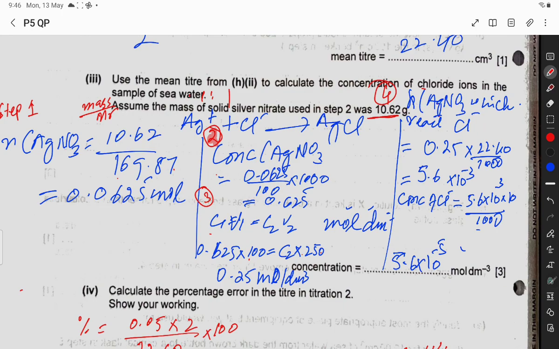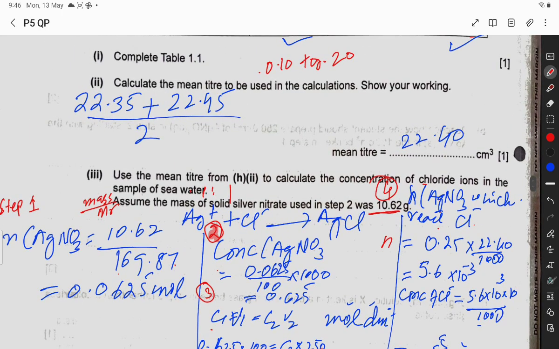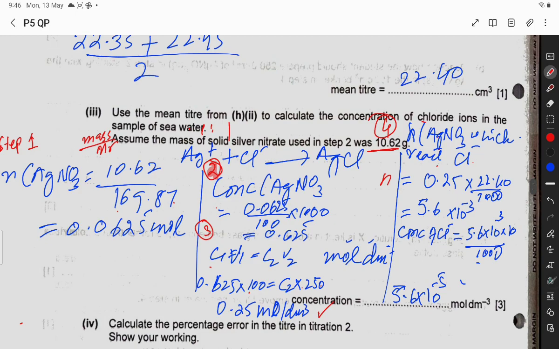So the moles of silver nitrate which react with chloride ion: 0.245 is the concentration, times 22.40, the mean titre volume, divided by 1000. So this is the moles of chloride ion, 5.6 × 10^-3 mol.